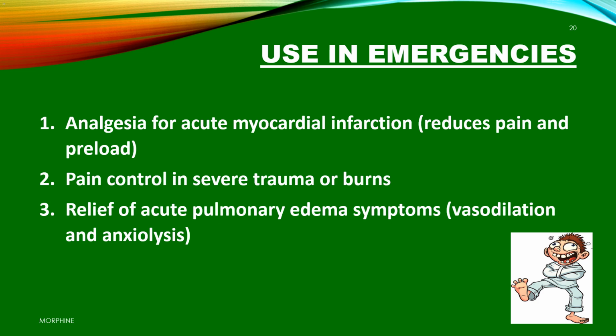Morphine is administered to control severe pain resulting from trauma or burns, helping to alleviate discomfort and promote patient stability. 3. Acute pulmonary edema. Morphine helps relieve symptoms of acute pulmonary edema by causing vasodilation, widening of blood vessels, and anxiolysis, reduction of anxiety, which can improve patient comfort and reduce respiratory distress.